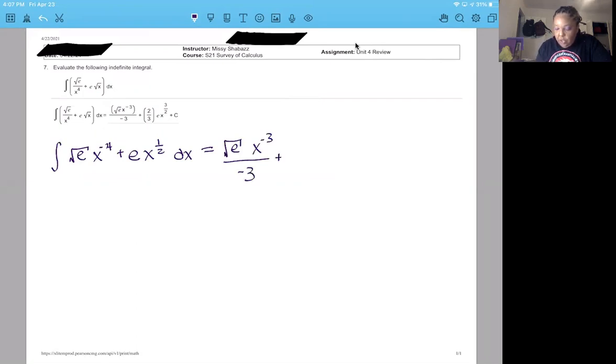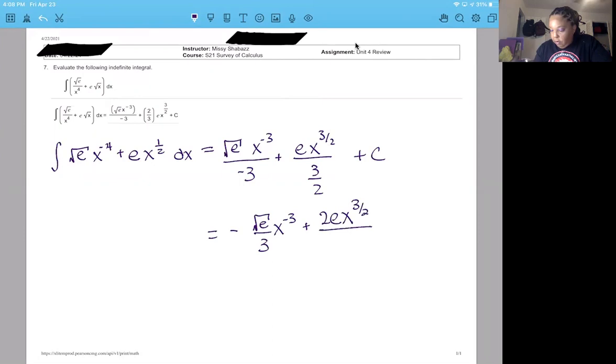Plus, if I add 1 to 1/2, I get 3/2. I divide by 3/2, and I don't want fractions within fractions, so I'm going to multiply by that reciprocal. So that's going to be 2e x to the 3/2 over 3 plus my constant.